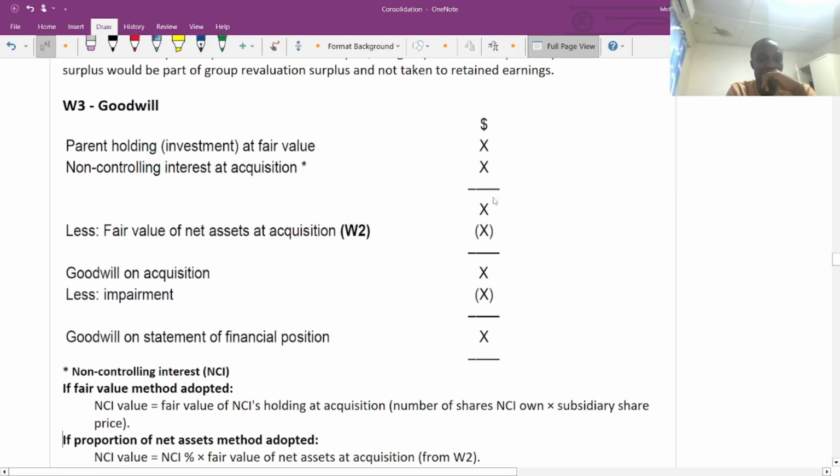Very important concept: how to calculate goodwill. For the calculation of goodwill, we take the cost of investment in the subsidiary. The essence of goodwill, as I explained a few minutes ago, is that we want to know how much excess we paid to secure the interest in the subsidiary.